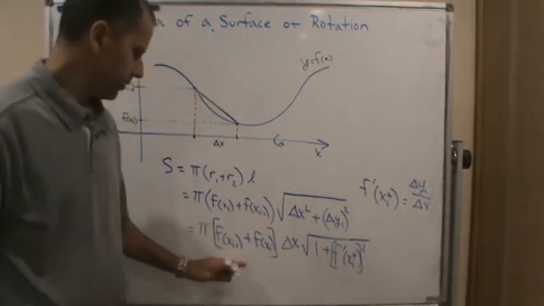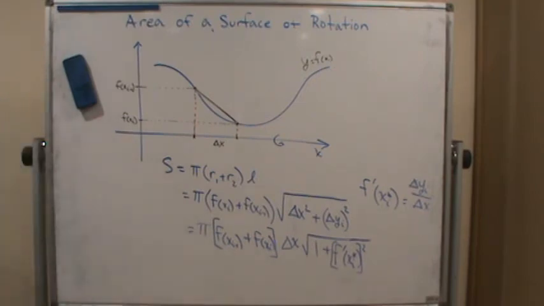Now, let's use the mean value theorem again. Because f of x is continuous, we can use the intermediate value theorem. Remember, the intermediate value theorem says there has to be a point within the subinterval where the function is equal to 1/2 the sum of the two functions.